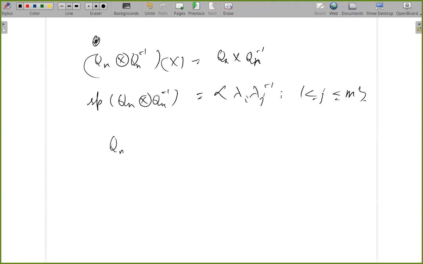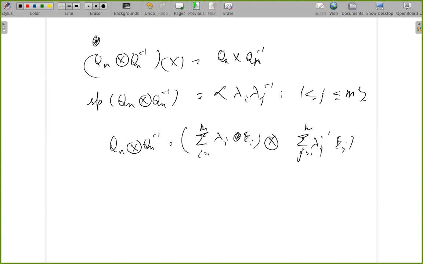Qn was a bilinear map, right? So this I can write as the summation i equals 1 to m of lambda_i e_i, tensored with the summation j equals 1 to m of lambda_j inverse e_j. Now this is nothing but the summation over i, j going from 1 to m of lambda_i lambda_j inverse times e_i tensor e_j.